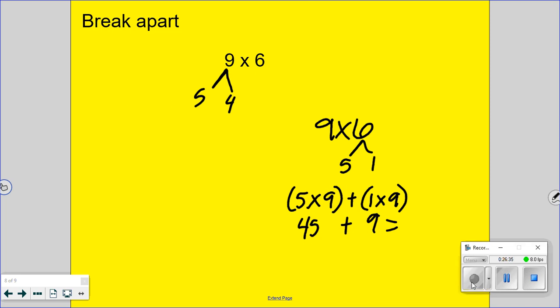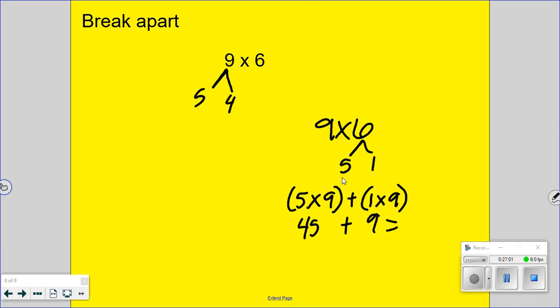Brogan said, I broke up the 9 and I got the same answer. Yeah. I can break up the 9 and get the exact same product. Just like we talked about with commutative property. I can break it up any which way I want, and my value is still going to be the same. You can break up anything that makes your brain happy. For me, Brogan, it's easier for me to do my 5s and my 1s.